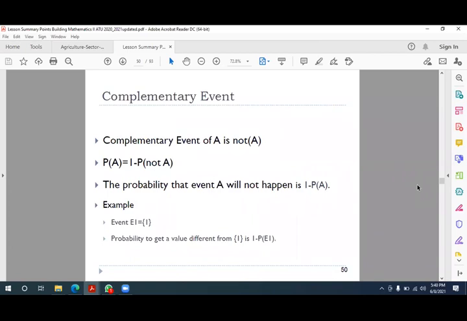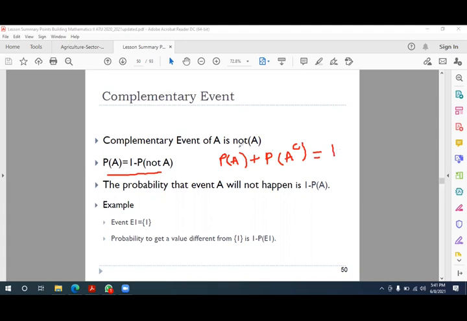Then again, the probability of an event A plus the probability of not A, or A complement, is always equal to 1.